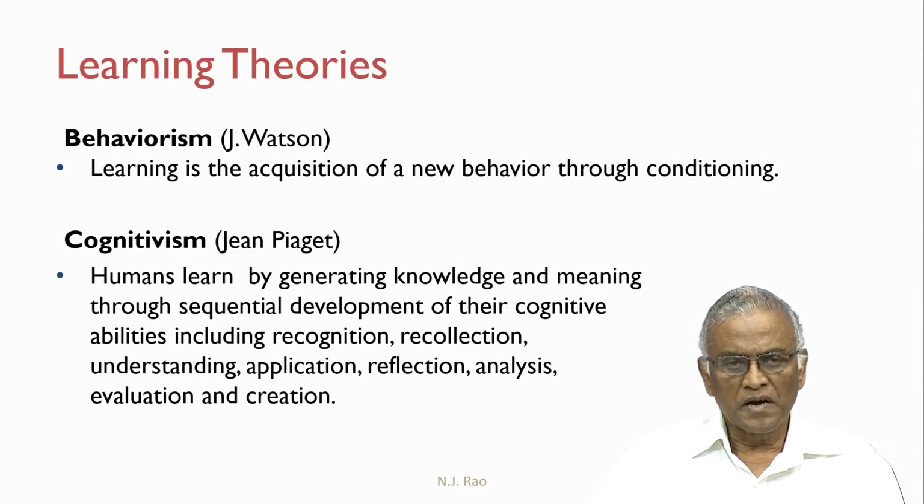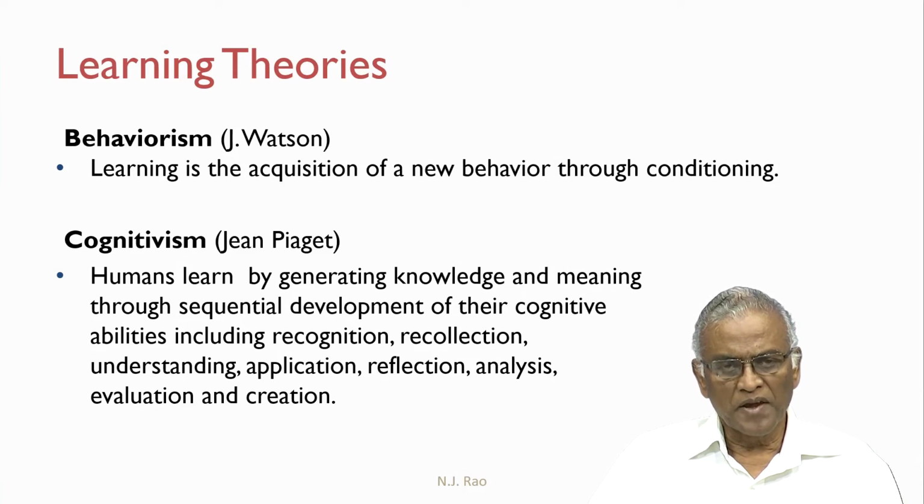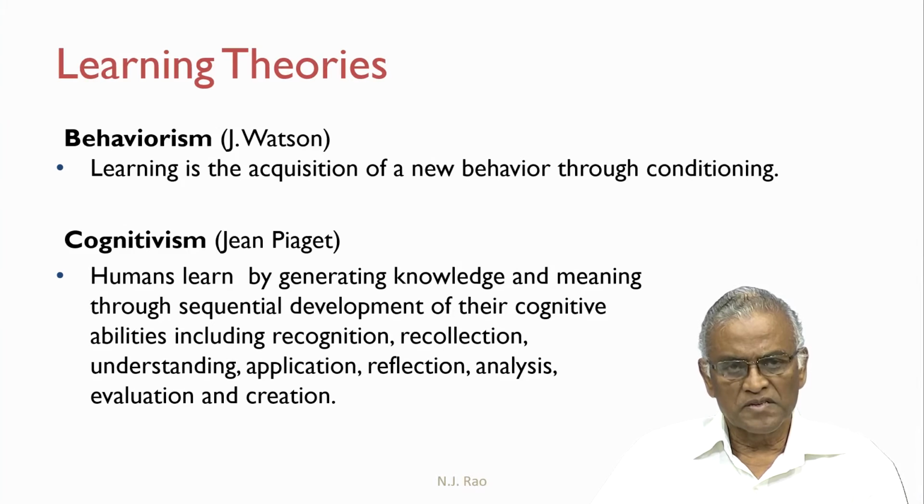That means people are given some stimuli and they respond in some way. By conditioning, we can make people respond in a desirable way. So, that is what behaviorism is.